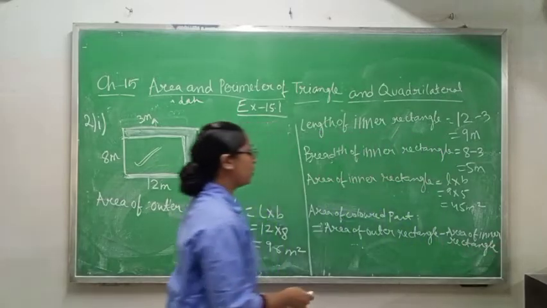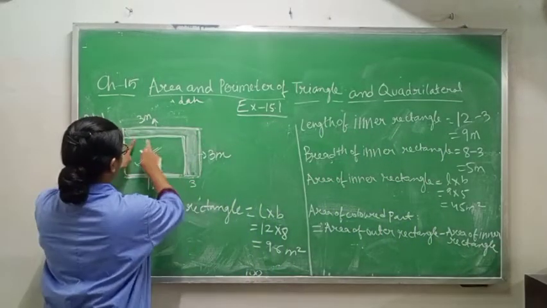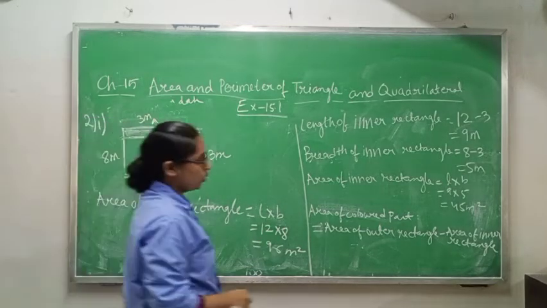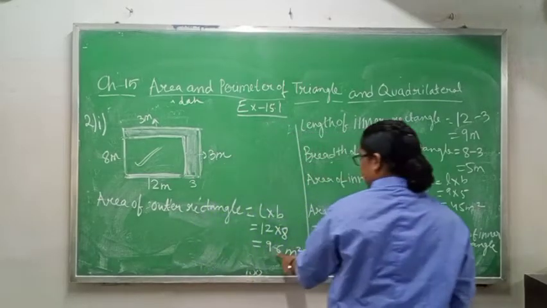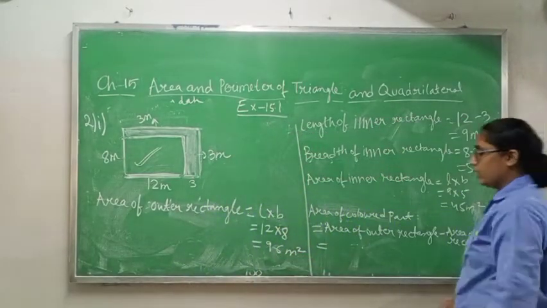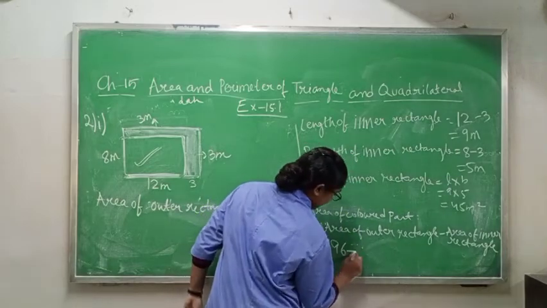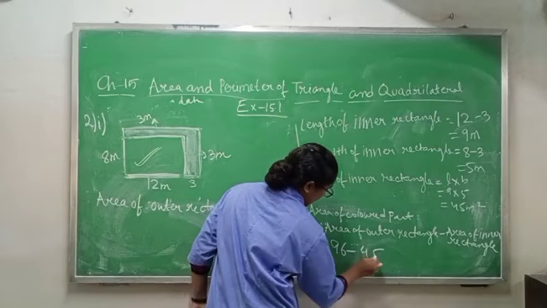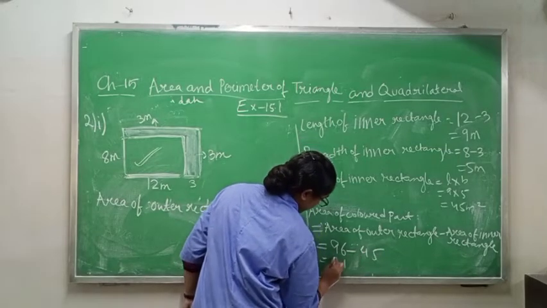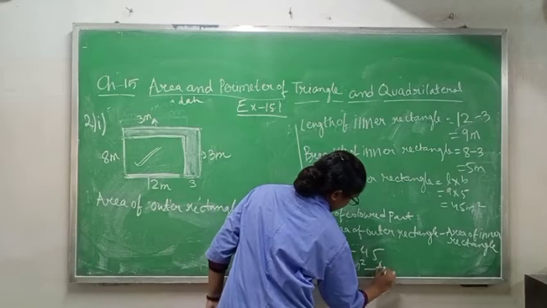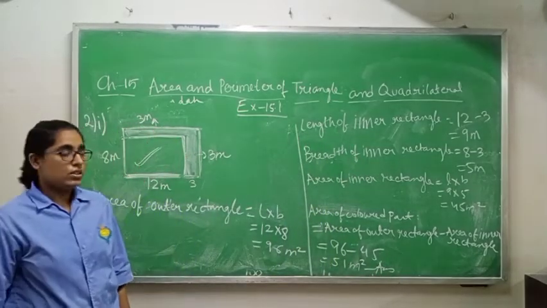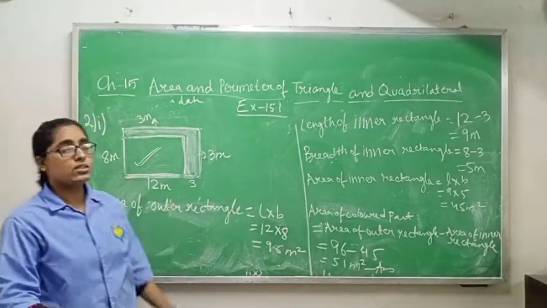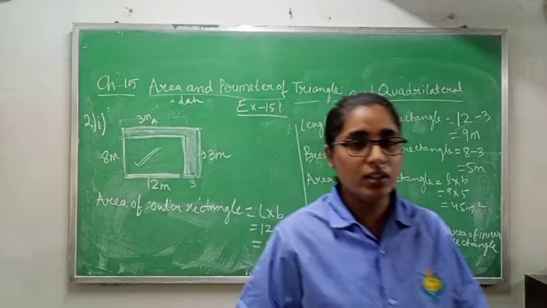Why area of outer rectangle? Because this one is outer, this one is inner. If we subtract outer with inner, we will get only this portion. Okay. So area of outer rectangle is 96 and area of inner is 45. So what will you write? 96 minus 45. You will get how much? 6 minus 5, 1. 9 minus 4, 5. 51 meter square. So this one is your answer. Okay. So if this type of question comes, you will use this method to solve it. Okay. Copy this one.